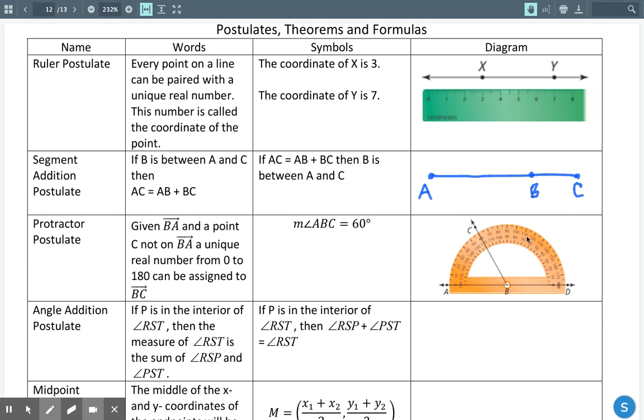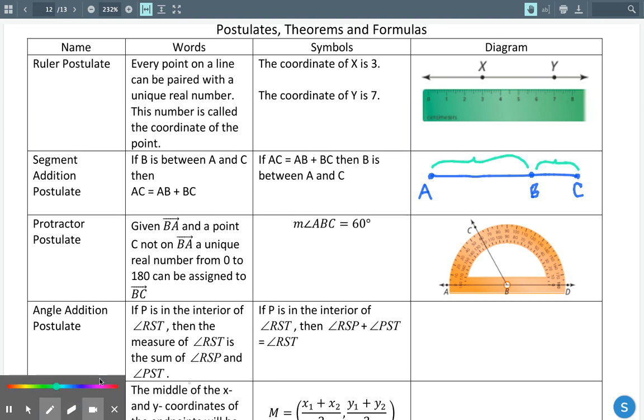All it tells me is that B is between A and C. Then from A to B, right there, that distance plus the distance from B to C equals the whole thing, A to C.